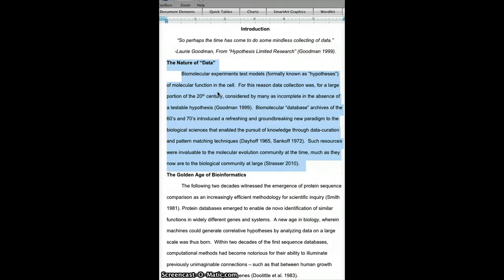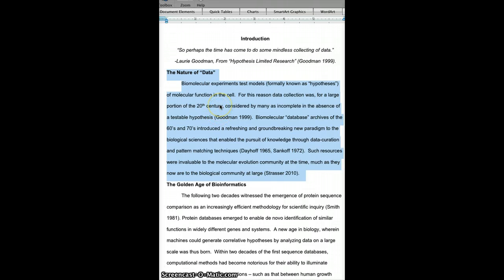Data biomolecular experiments test models, formerly known as hypotheses, of the molecular function in the cell. For this reason, data collection was, for a large portion of the 20th century, considered by many as incomplete in the absence of a testable hypothesis. Goodman, 1999.